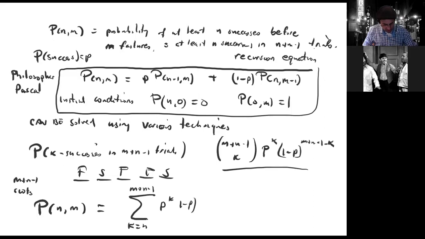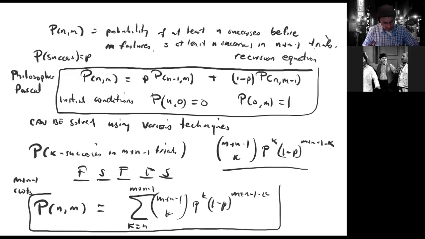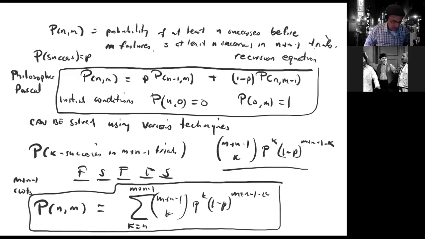Oops, there's also the binomial coefficient. And this is the formula that solves the problem. So that's the problem of the points. Good.